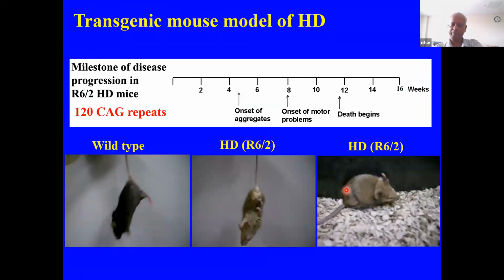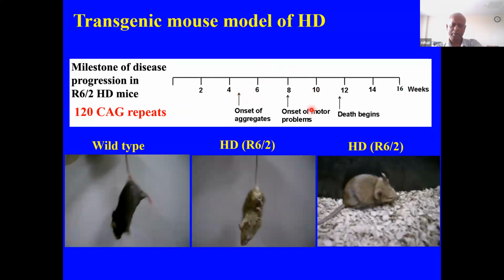That is the first transgenic mice model developed, as I told you earlier, by Gillian Bates' lab at King's College. This transgenic mice is generated by introducing 120 CAG repeats, a little bit of a large length. In the mice, typically the onset of aggregates actually starts at about 4.5 to 5 weeks of age.